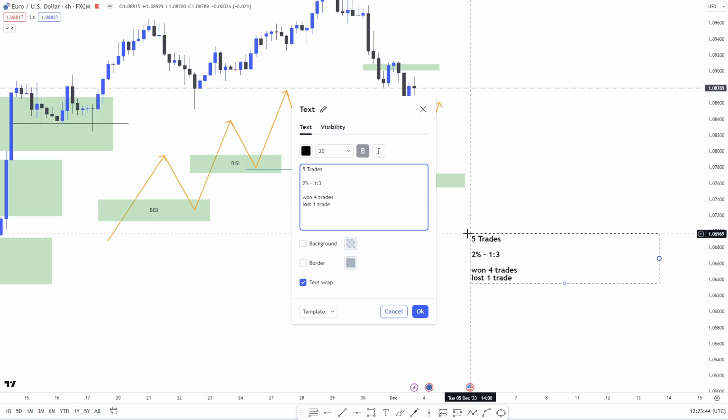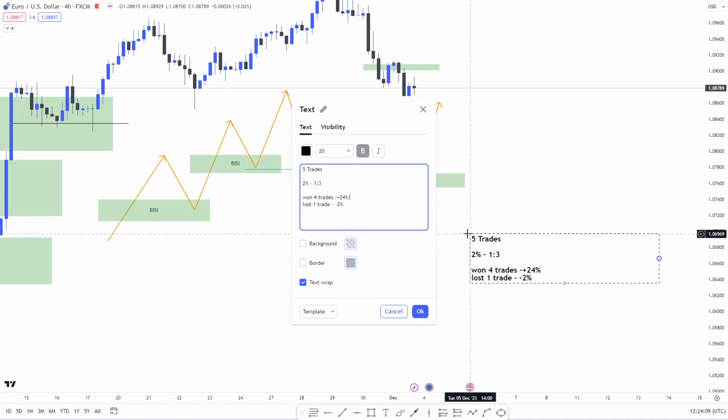And this is risk management. Okay, so you're down 2%. But because you won 4 trades, which would give you 6% each, 6, 12, 24%. So you are up 24%.